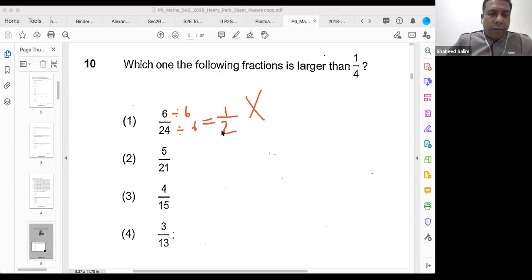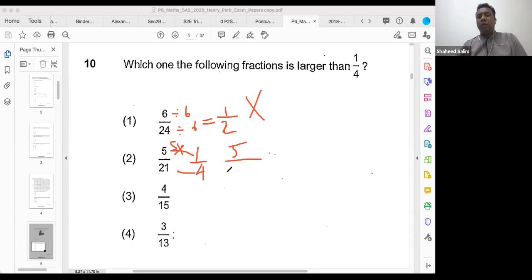Akil, you know how to do, Akil? Okay, I'll show you a method now. Let us make the numerators the same. Can you times anyone to make it the same? Yes, 1 times 5. Times by 5, you get 5/20. The other is 5/21. Which one is bigger? 5/20 is bigger, because the denominator is smaller.